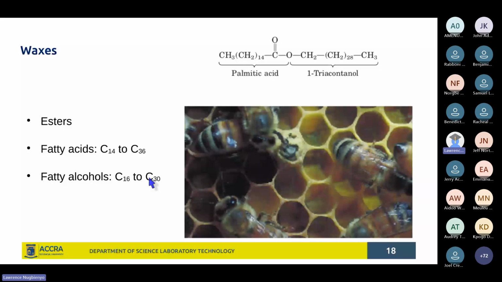Of course, the second wax is going to have a higher melting point than the first. So yes, the more the number of carbons of the alcohol and the fatty acid, which are components of the wax, the higher the melting point of that wax. Yes, Samuel, you are right.